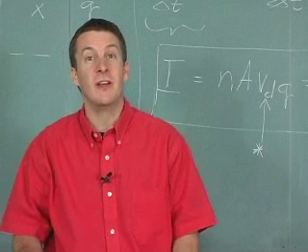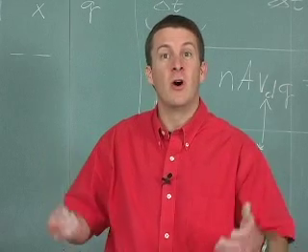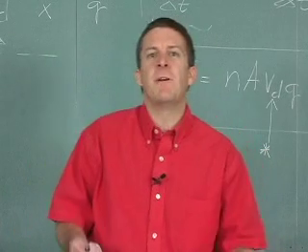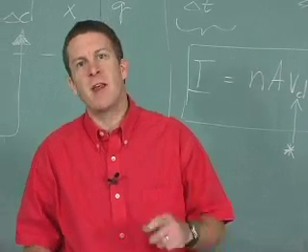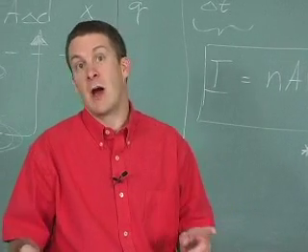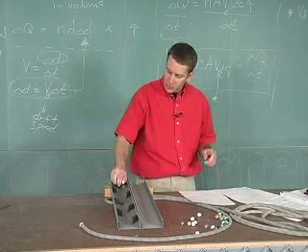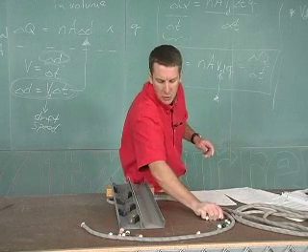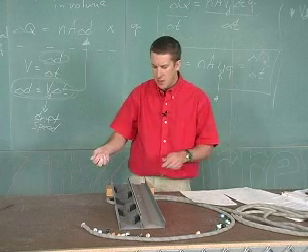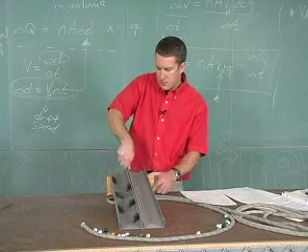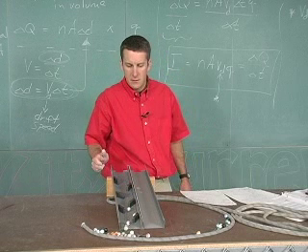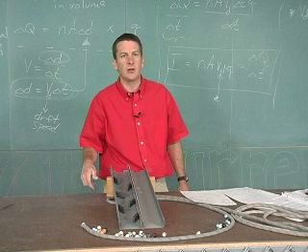Recall that current is the rate of flow of charge. Now, in 1850, George Simon Ohm made a very important observation. What he noticed was that as the potential difference increased, the current increased.